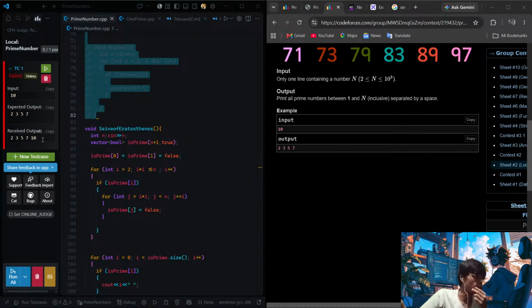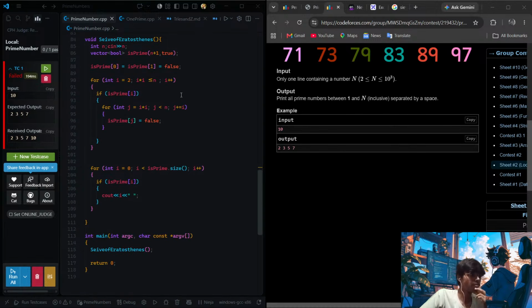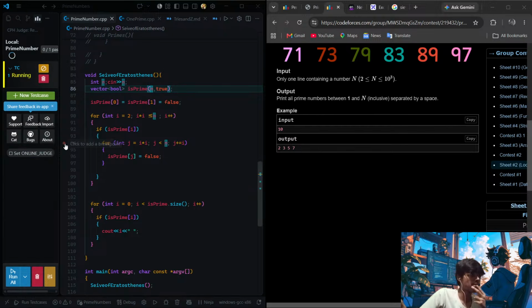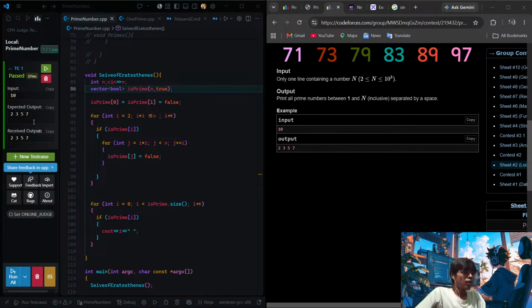Oh, basically this will give me 10 also. How is 10 prime, right? Oh, I've done something wrong. Basically, I have to create this of size n. But one thing you have to understand here is that I know 10 is not a prime number, so why will this give me that 10 is a prime number?